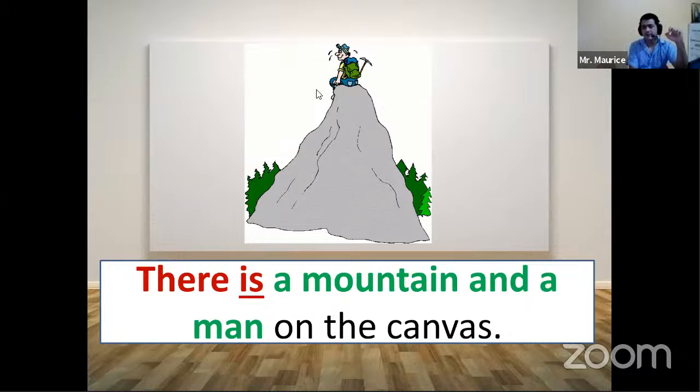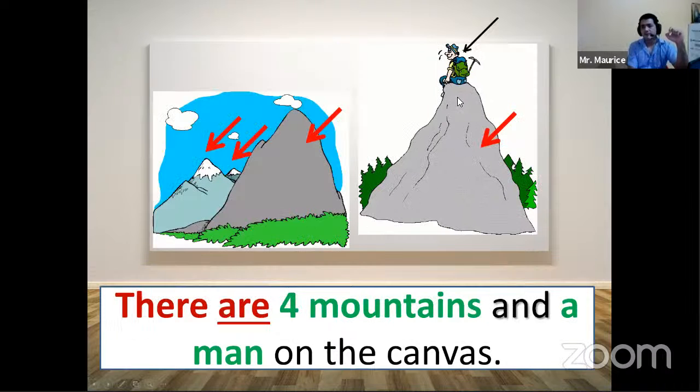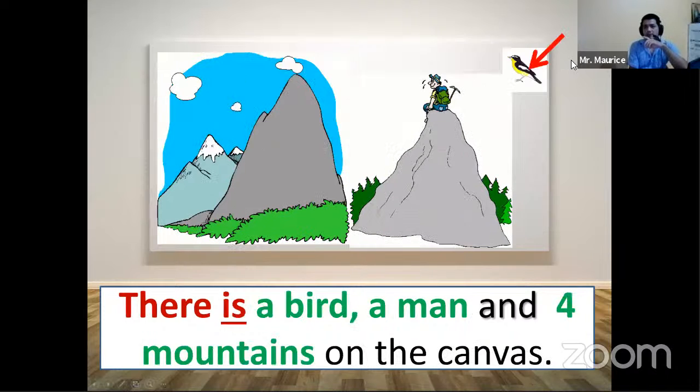You see? Now, take a look. There are, plural: there are 4 mountains and a man on the canvas. Now, the 3 different pictures: there is a verb, a man, and 4 mountains on the canvas.